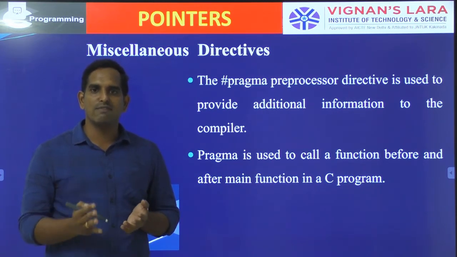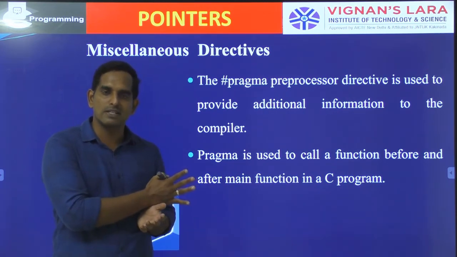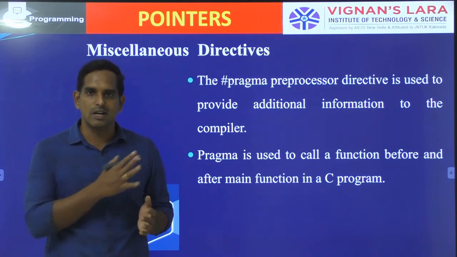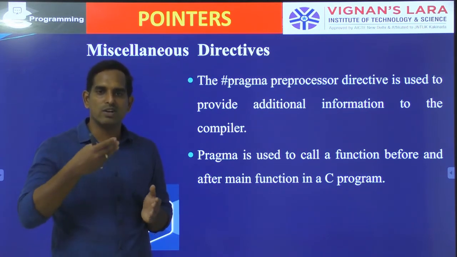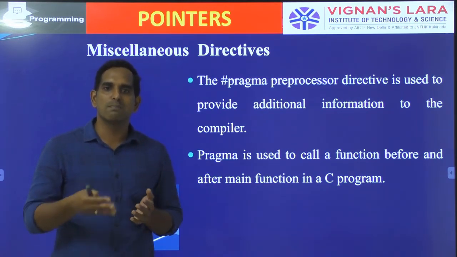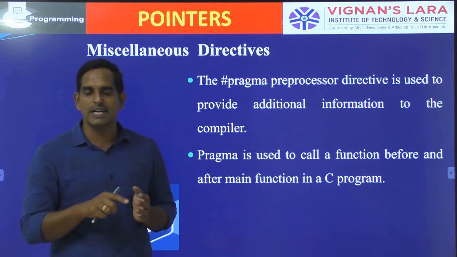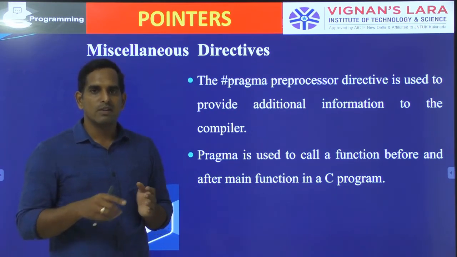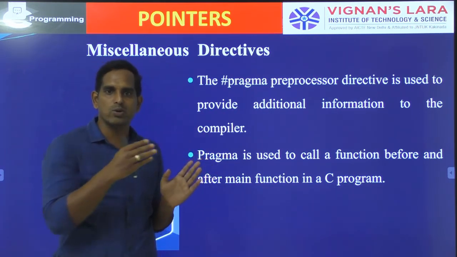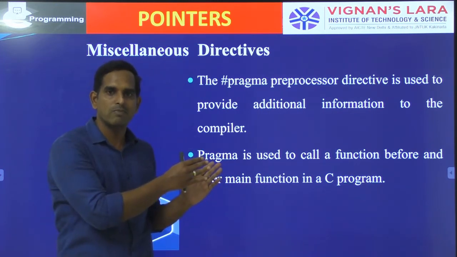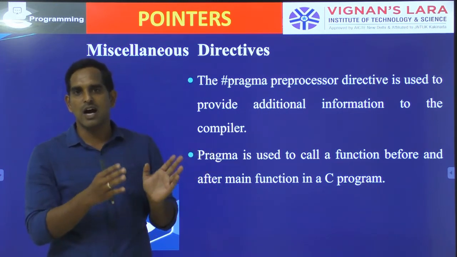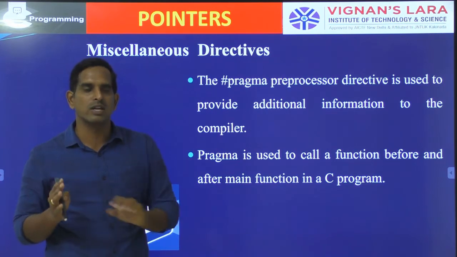If I want to have a function call before the main function and after the main function, usually the C program is called from the starting of the main. You can use the Pragma directive to call your function before the main, and you can call a function after the execution of the main as well.